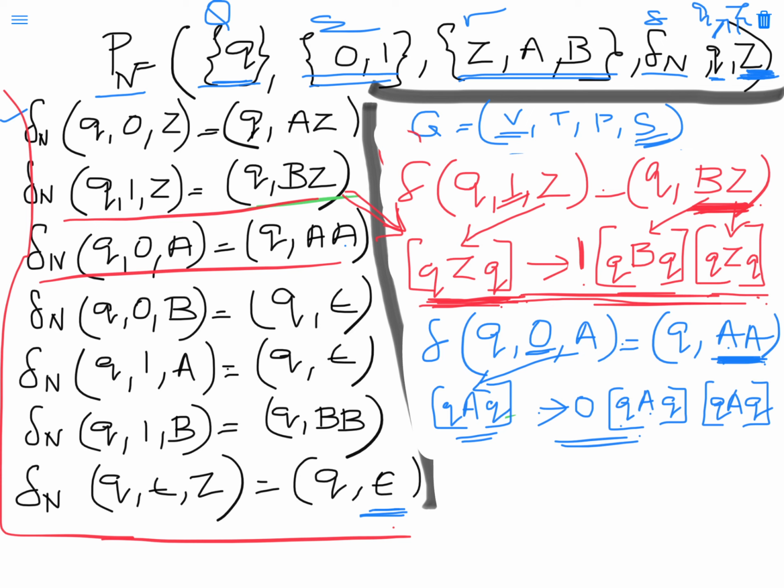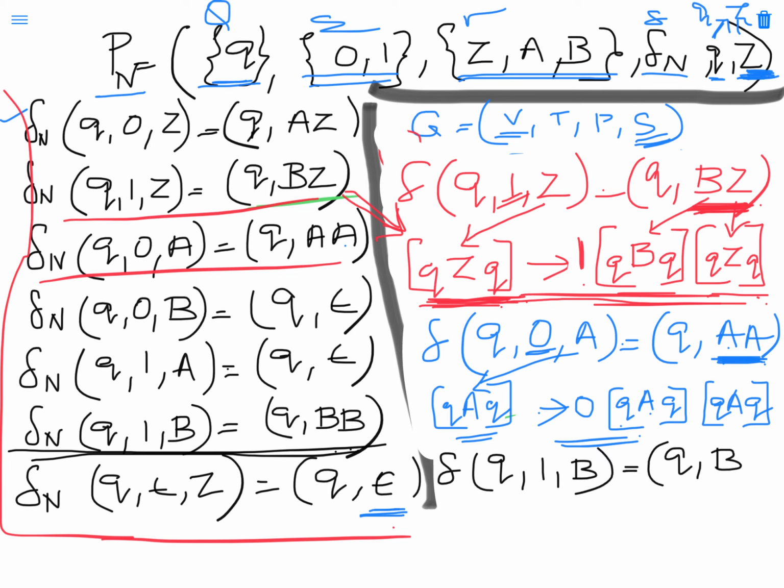Similar is the case with this function, del of (q, 1, B), which is equal to (q, BB). What will be the production? Here also you have two stack symbols, so in our production also you need to have two non-terminals.